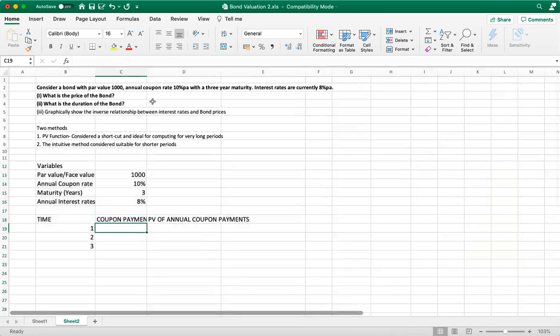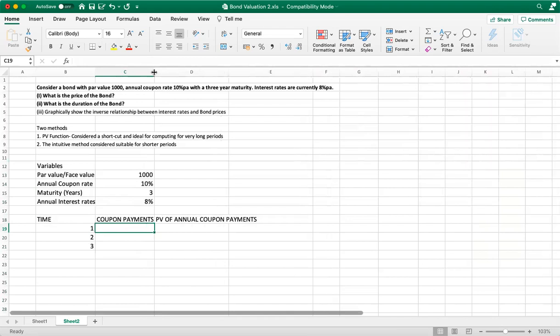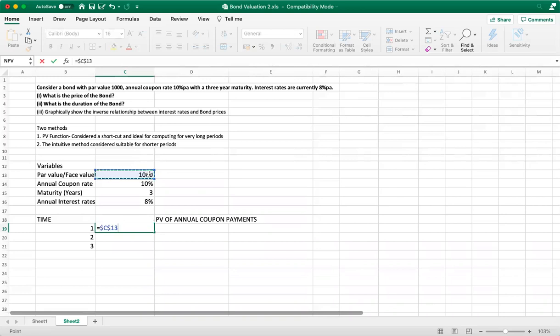Okay, so I said for you to get the coupon payments, you multiply the par value by the annual coupon rate. So you say equals 1,000, click on 1,000, and because 1,000 remains constant, you put the $ sign. If you are using a MacBook, press the Command key and then T, and it puts the $ sign for you. If you are using an HP, simply press F4.